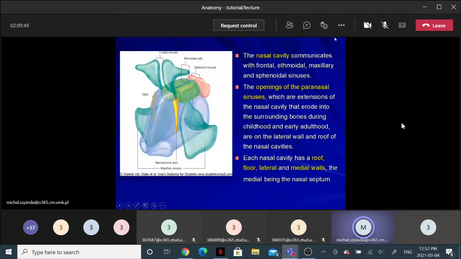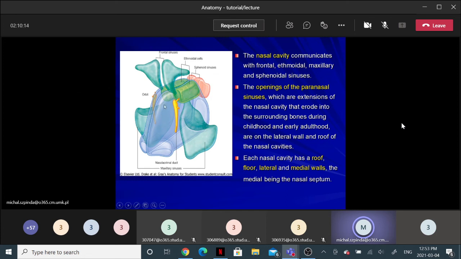To the nasal cavity empty special spaces located in bones and just lined with mucosa. All these airy spaces are called sinuses.